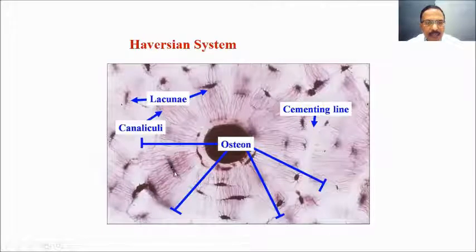In between are the dark spaces, the lacunae, interconnected by a lot of canaliculae. So this is how a single osteon looks under the microscope.